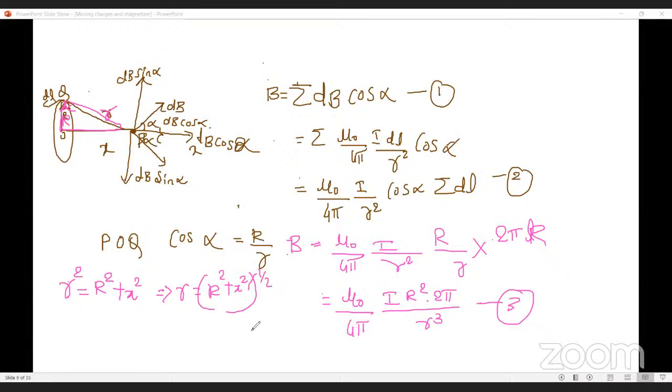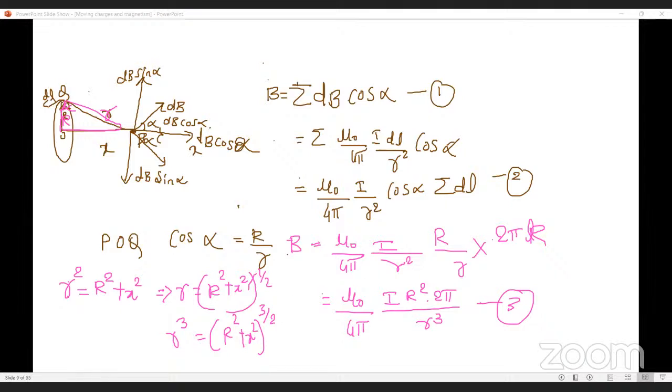Then r cube can be written as r square plus x square raised to 3 divided by 2. Is the r cube value clear to everyone? Yes, ma'am. Okay. So therefore, you can substitute the value of r cube there, which completes the derivation.